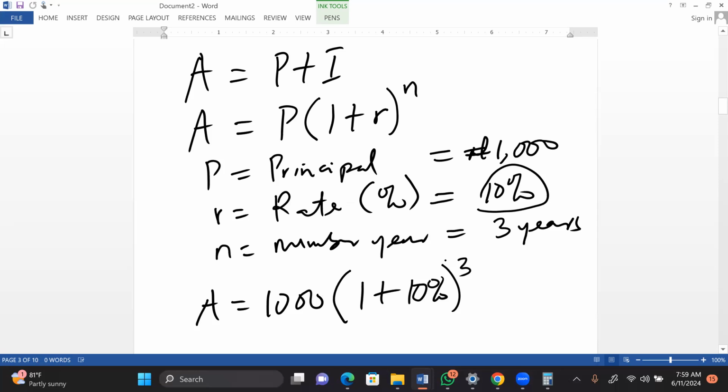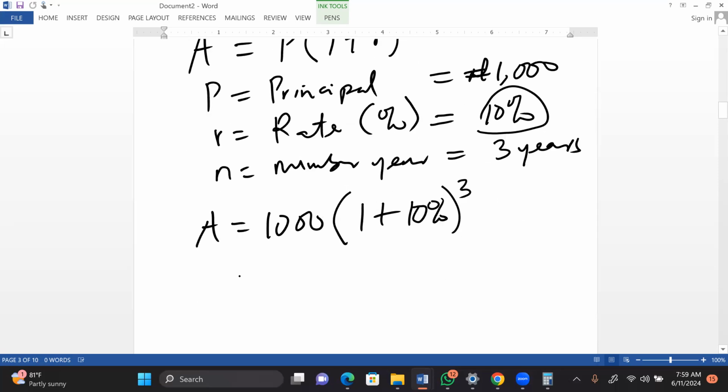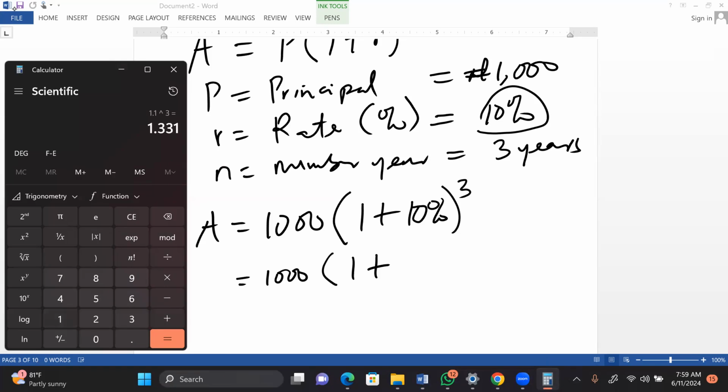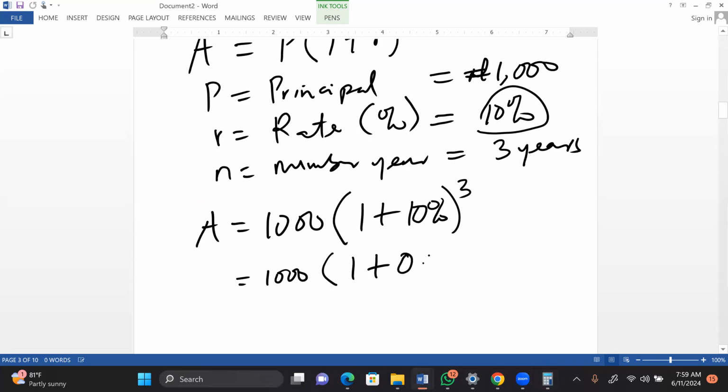So that means 1,000 into 1 plus 10%. Now you can use your calculator. 10 divided by 100 gives 0.1. So that's going to give us 1,000 into 1 plus 0.1, which is 1.1.